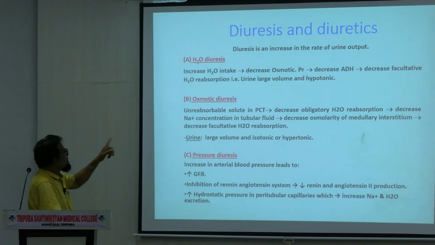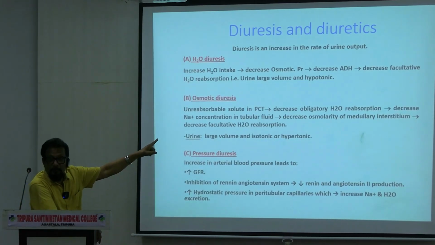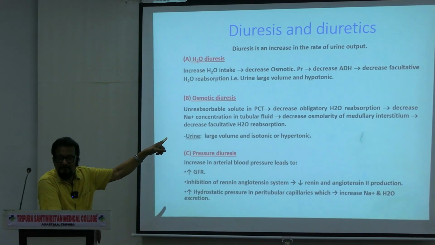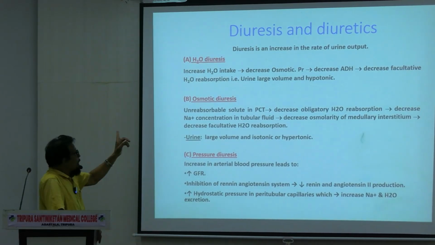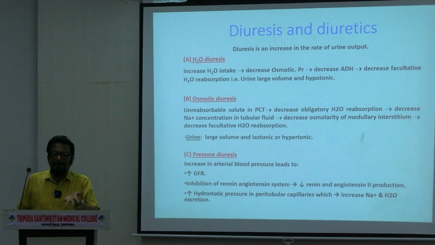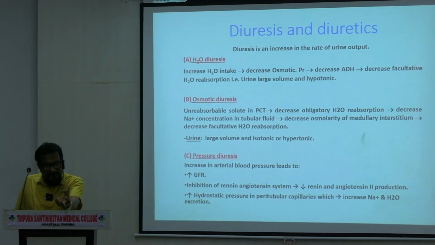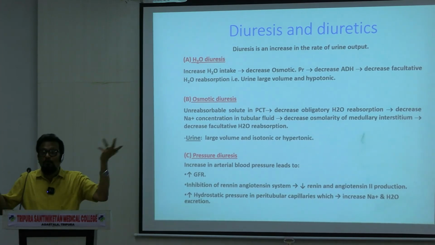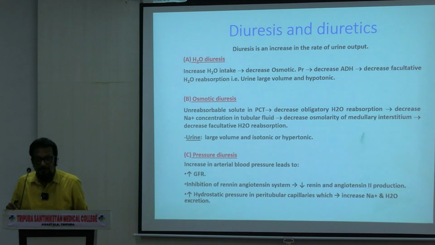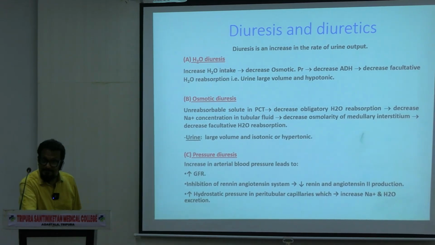As a result, will ADH decrease or increase? Why not increase? If the water in my body is already high and I secrete ADH, it will further absorb water from the urine, and the water content will be even more. That I don't want.